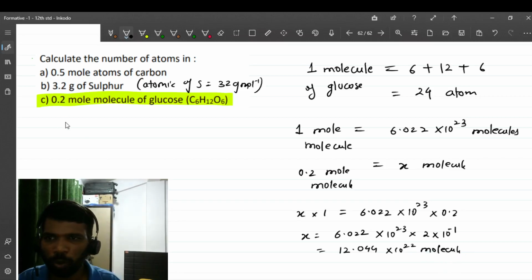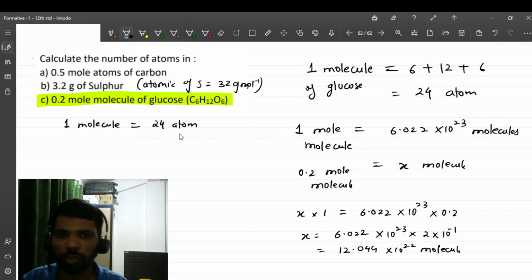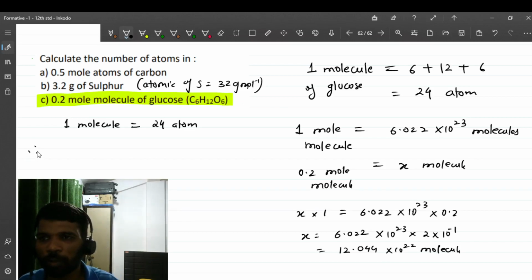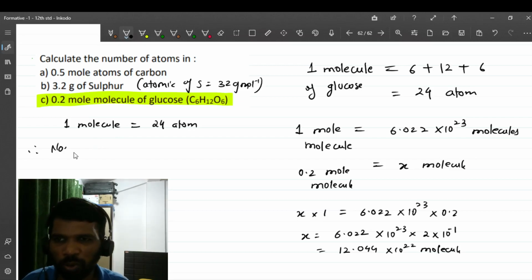So one molecule has how many atoms? 24 atoms, no? So these many molecules will have how many atoms? Two molecules would have 2 into 24, three molecules would have 3 into 24, right? So you just multiply that. You can also use cross multiplication over here, but I don't want to give that again and again.